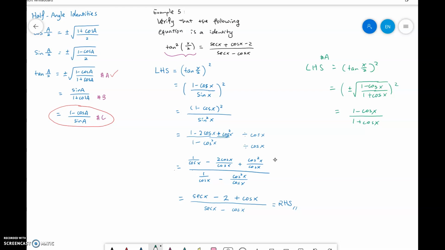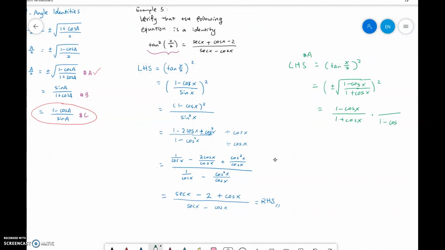Okay, so I do not have any of the 2's or any of the cosines. So what I have to do is make it more complicated by multiplying by its conjugate, which is 1 minus cosine of x. So I multiply both the numerator and the denominator by it. On the numerator, I get 1 minus cosine x squared.